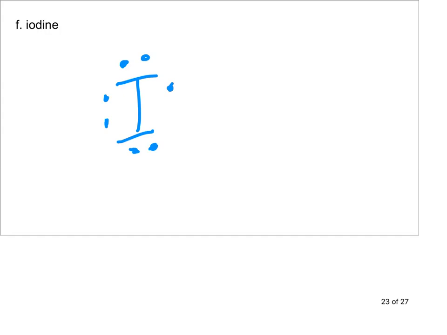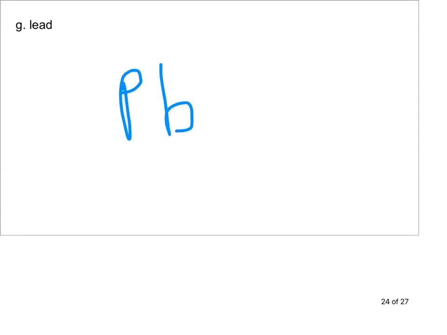So you end up with 3 pairs and a single. Lead, Pb. Lead is in group number 14 or 4A. Textbook, again, would put 4 single dots. I like a pair and 2 singles. It shows a better illustration of the electron dot structure.